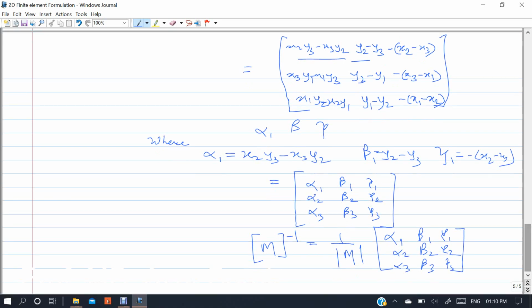So in the exam they can ask you this derivation for 8 or 10 marks.